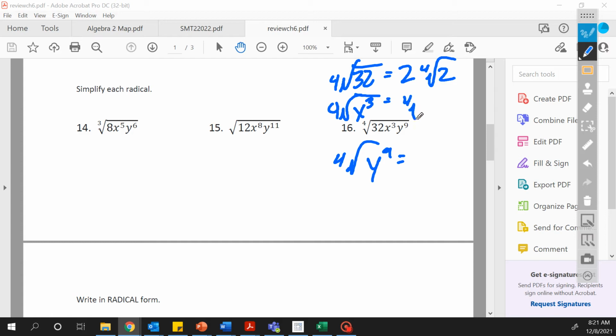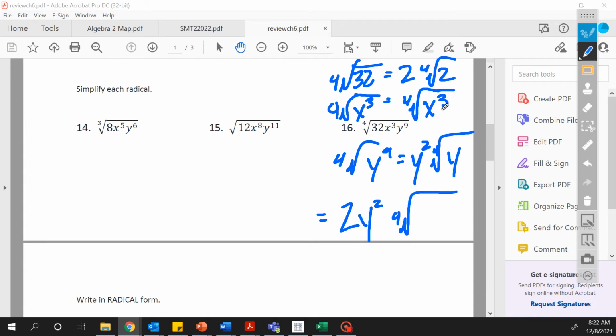X to the 3rd, we need at least 4 factors, and we only have 3, so that's not going anywhere. And y to the 9th, 9 divided by 4, so 2 factors of y come out, and we're still left with a factor of y underneath. So what did we bring out? 2y squared. And what do we have left underneath? A 2, an x cubed, and a y.